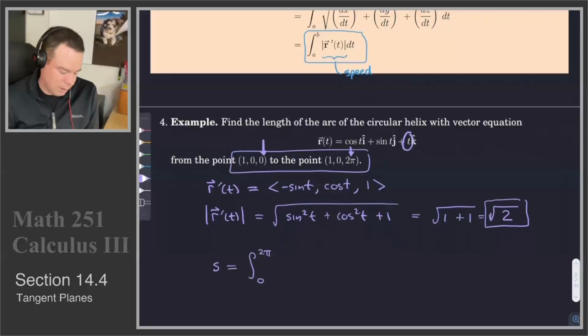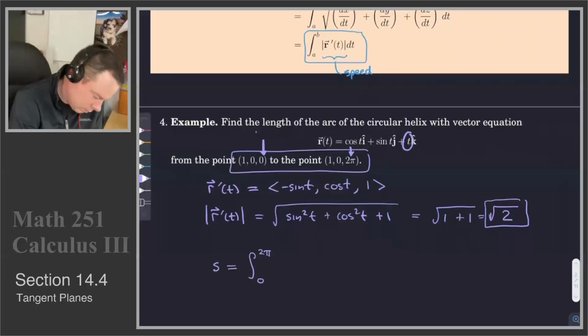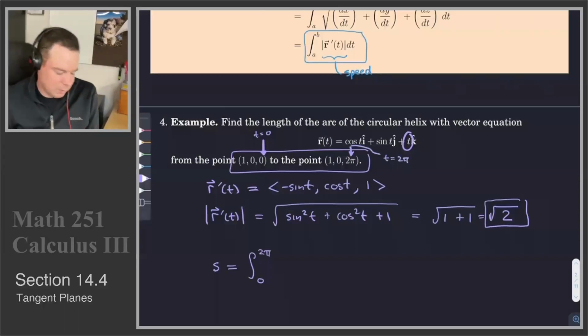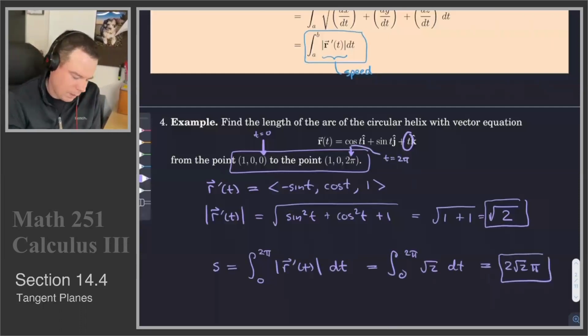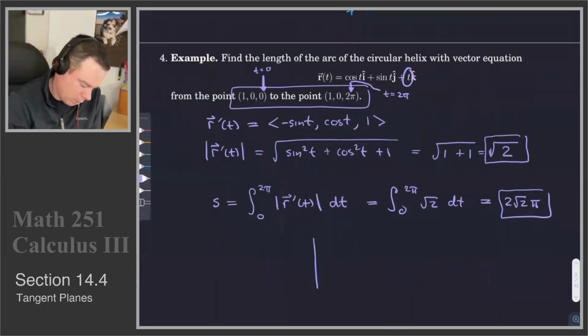And so this is saying that we're going from t equals 0 to t equals 2 pi. So those are my limits of integration. And I'm integrating the speed function. So that's the integral from 0 to 2 pi of root 2 dt, or in other words, it's 2 root 2 pi. And so that's how long one spiral of the helix is.